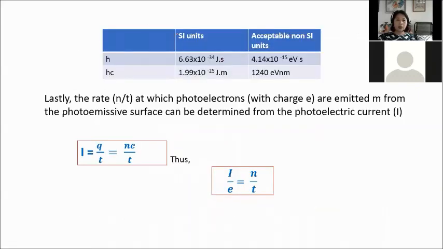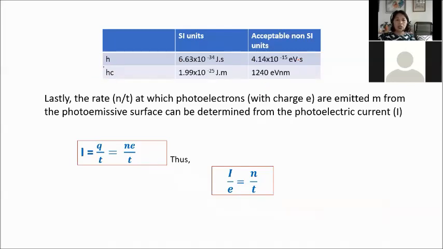So we have this table, we have SI units and acceptable non-SI units. For Planck's constant, this is equivalent to 6.63 times 10 to the negative 34 joules times second. In terms of electron volts, this is equal to 4.14 times 10 to the negative 15 electron volt multiplied by the unit of time, second.